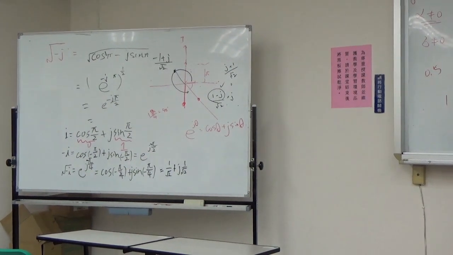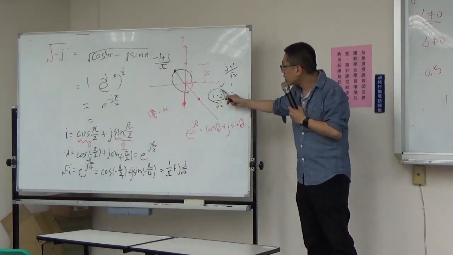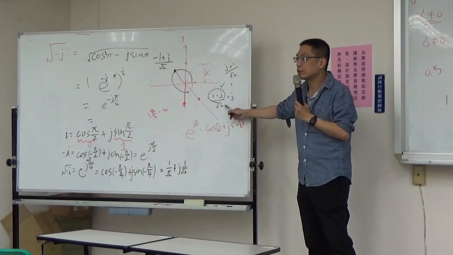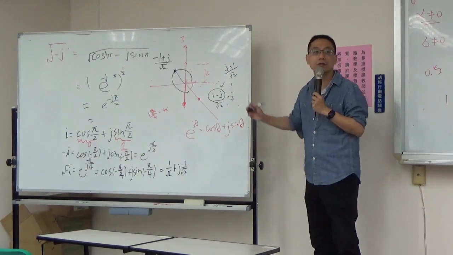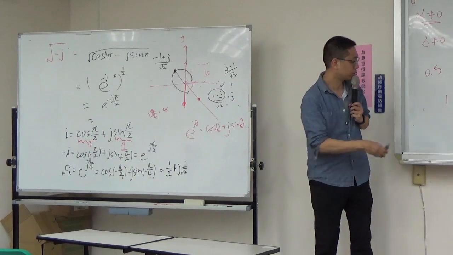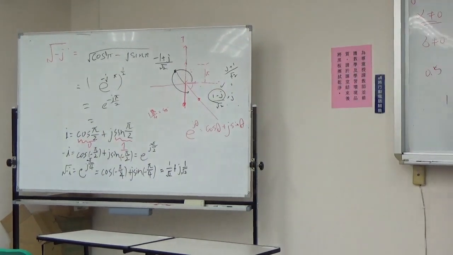So you use your j multiply 1 minus j over square root of 2, and you get j times 1 plus j over 2. This is just fun, and your textbook has the result. You can refer to the result in your textbook.